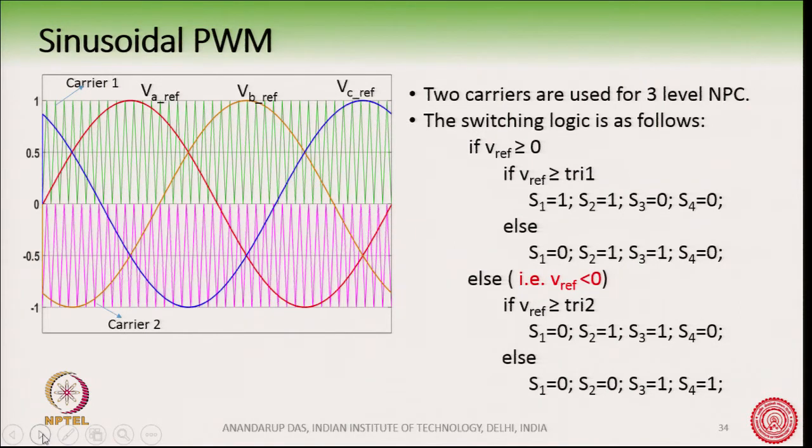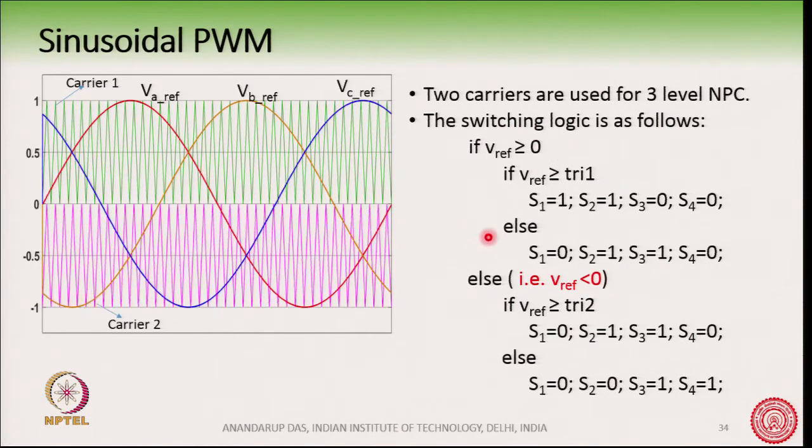Okay. So, you can see in this diagram that there are 2 carriers being used, one green carrier and one pink carrier. These are used because of the 3 levels present in the NPC. So, what is the switching logic?